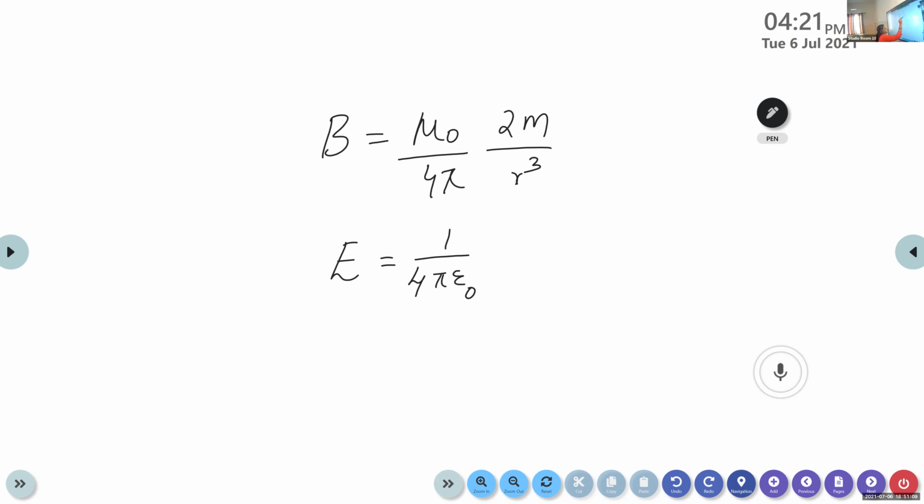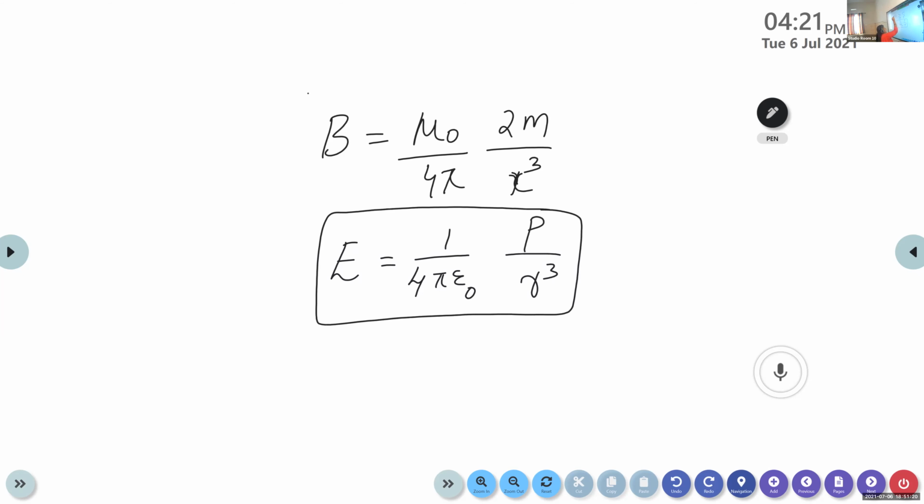Or we can write 1 by 4 pi epsilon 0 p divided by r cube. This is the equation in electrostatics.